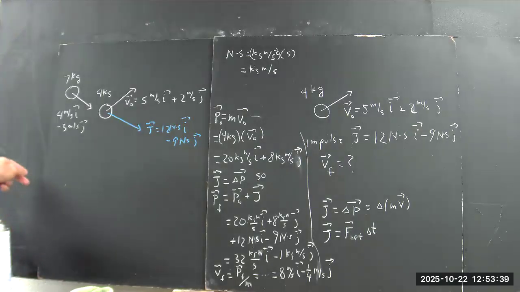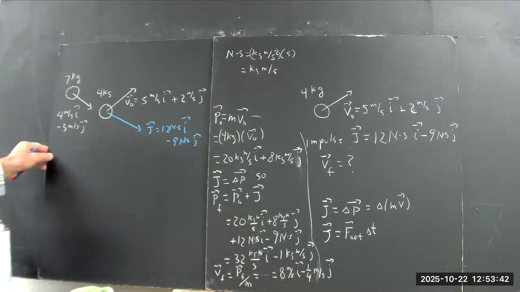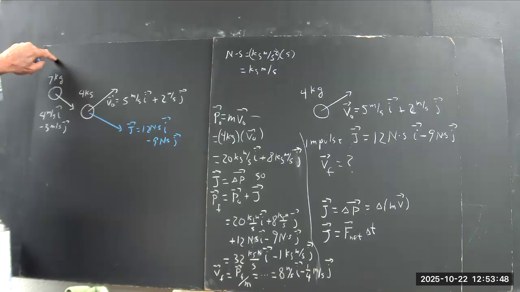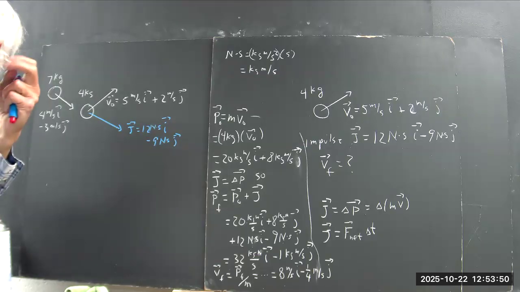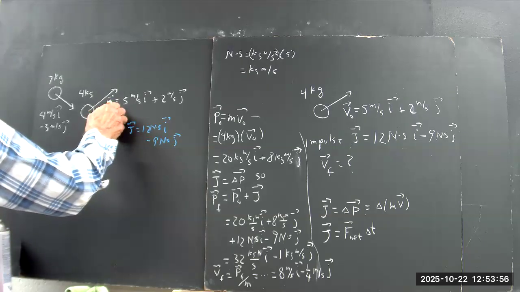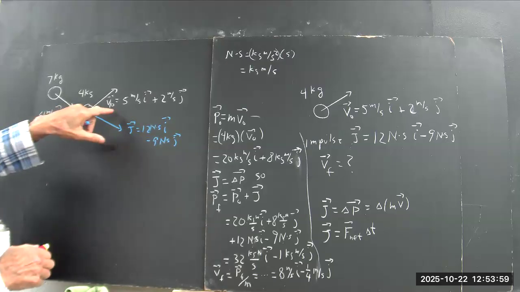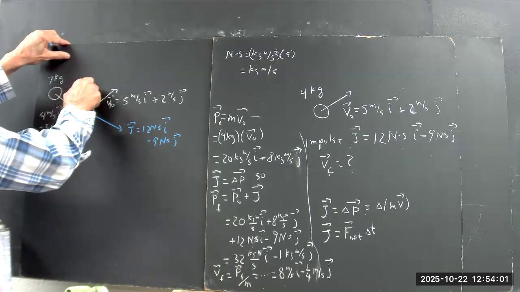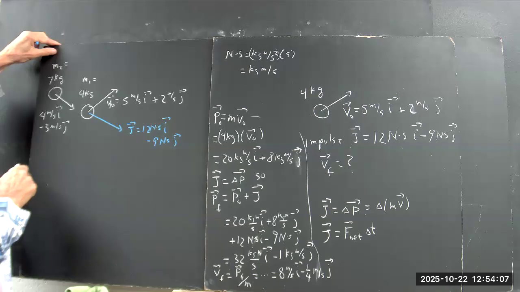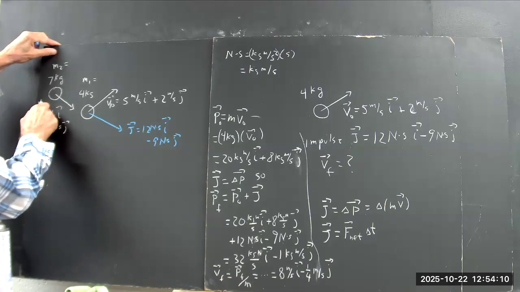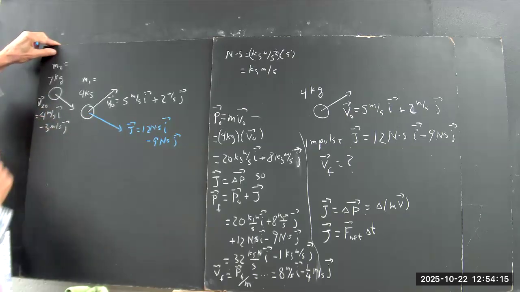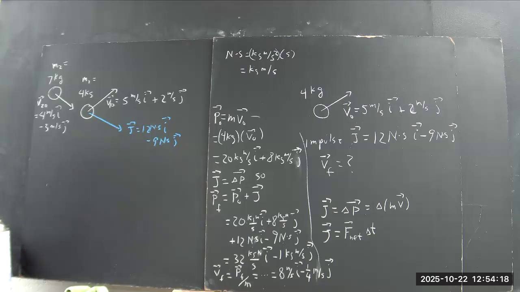A little more. And over here. Okay. We're going to call this V10, and this is going to be mass M1. This is mass M2, 7 kilograms, and this is V20 equals this.